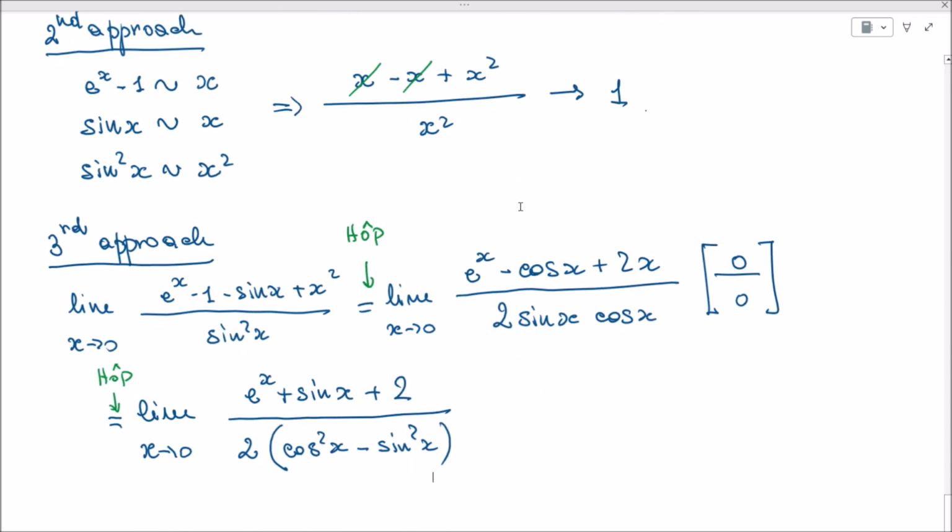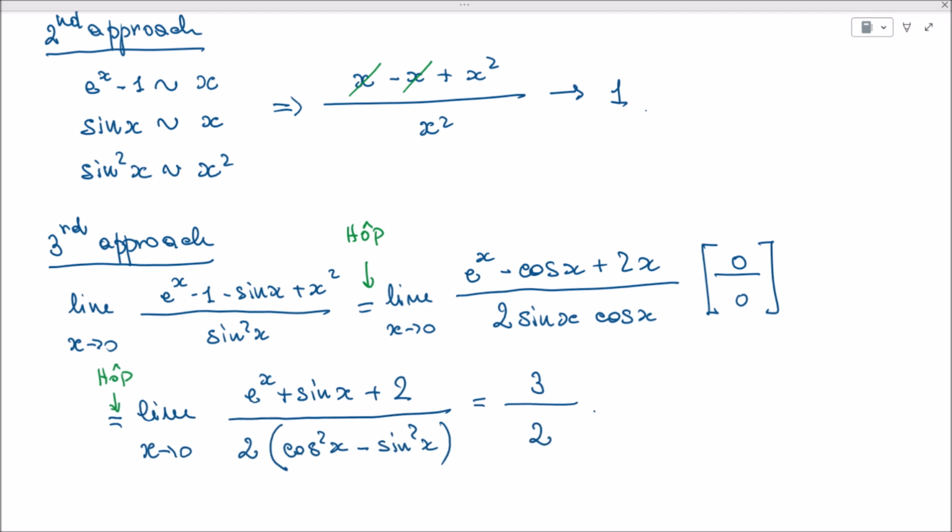And are we still in an undetermined form? Well, not really now, because we can just replace x equals 0. This is a continuous function, and at this point we have 3 divided by simply 2.